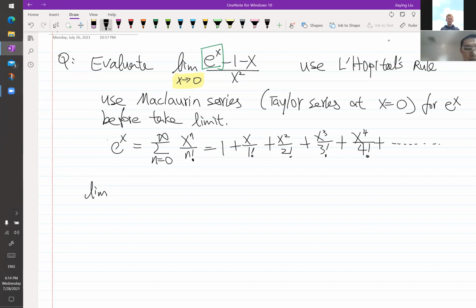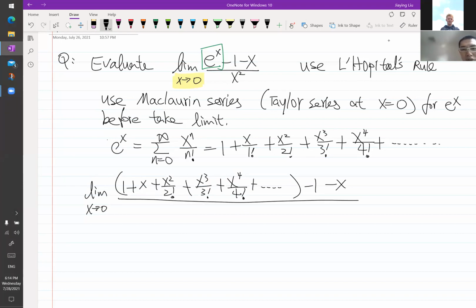We're going to take the series and plug it into the limit. So that will be the limit as x goes to 0 of 1 plus x over 1 factorial, that's just x, plus x squared over 2 factorial, plus x cubed over 3 factorial, plus x to the 4th over 4 factorial, and it continues. So that's e to the x, minus 1 minus x, divided by x squared.